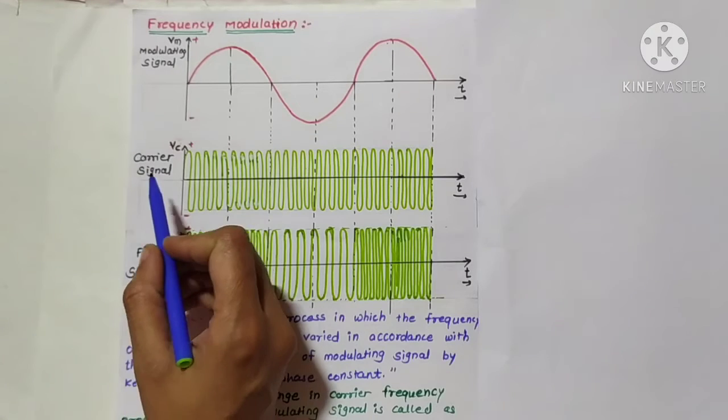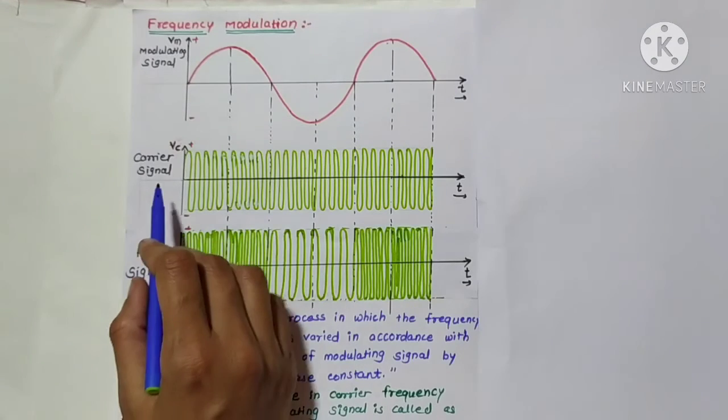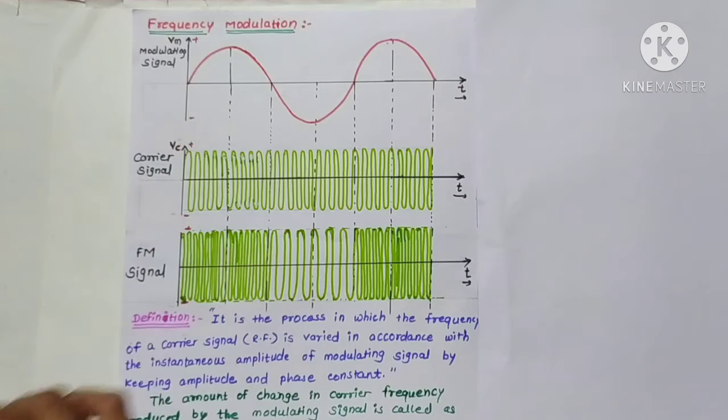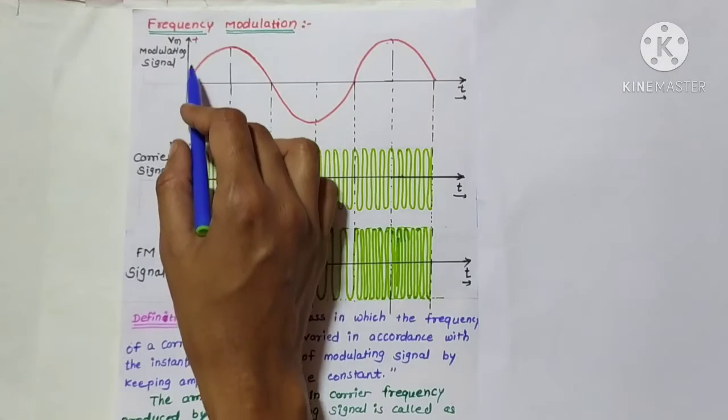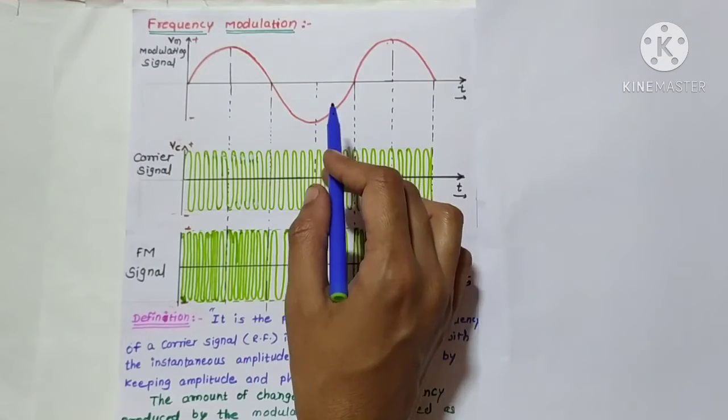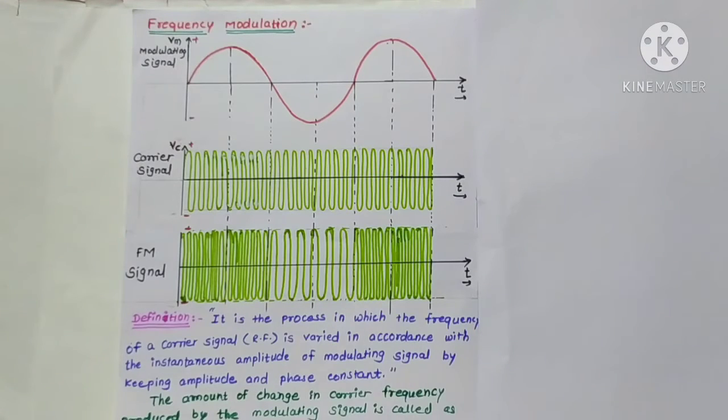So this is RF signal. This RF signal is called a carrier signal. Now, there is a change in only the frequency of the carrier in accordance with the instantaneous value of the amplitude of the modulating signal.